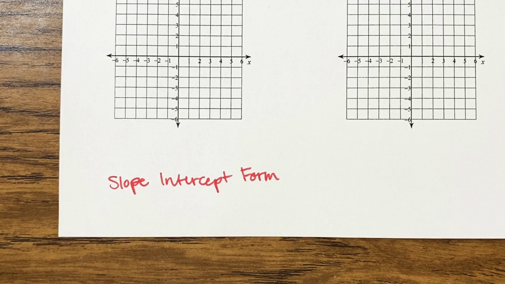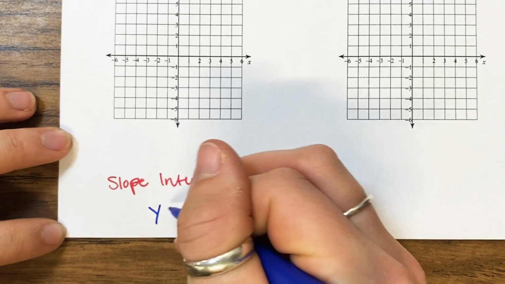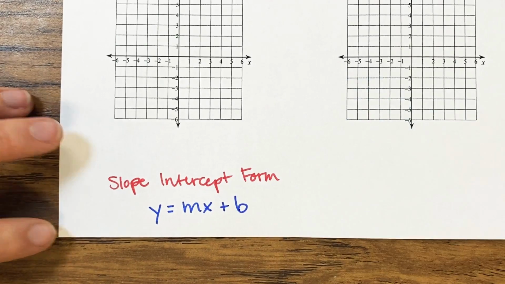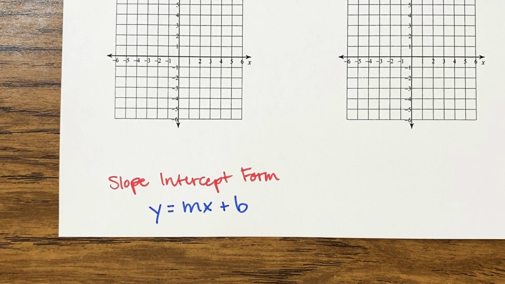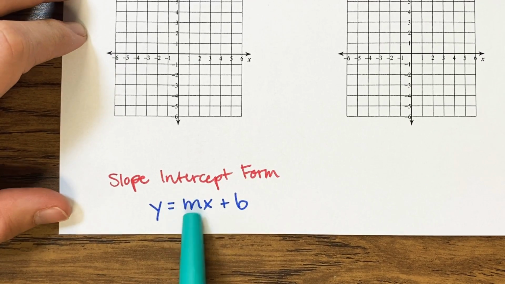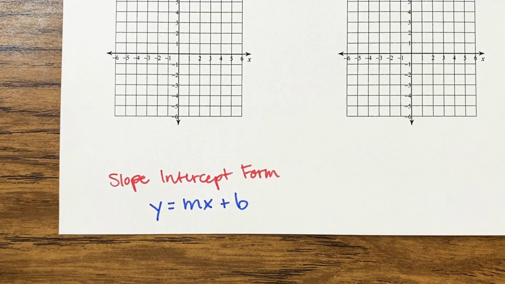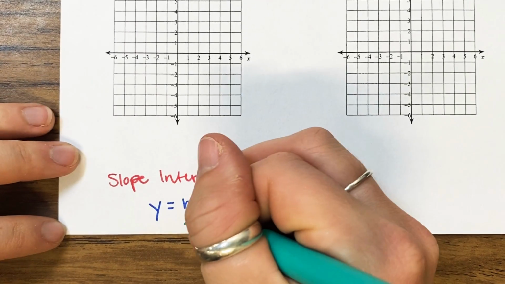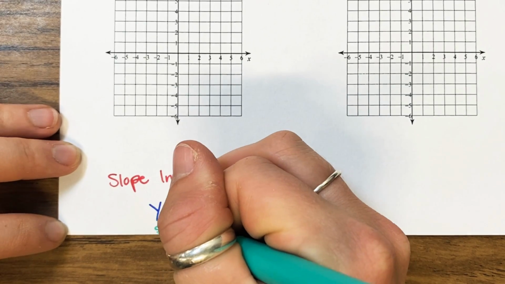So slope intercept form is always written as y equals mx plus b. Okay, you guys are used to seeing that by now. Well, who can tell me what the M represents? What is that thing that is always right in front of the X? Hint, it starts with an S. That's going to be our slope.